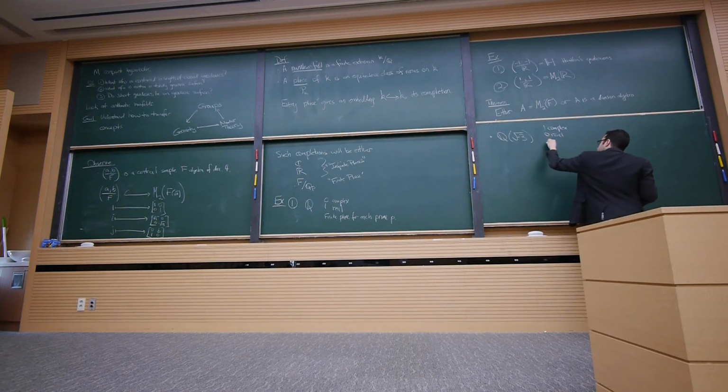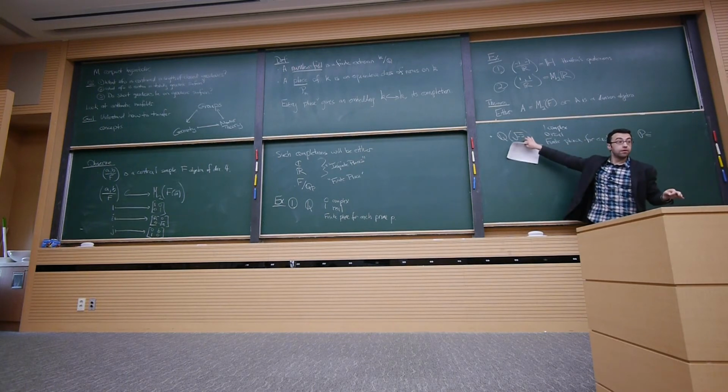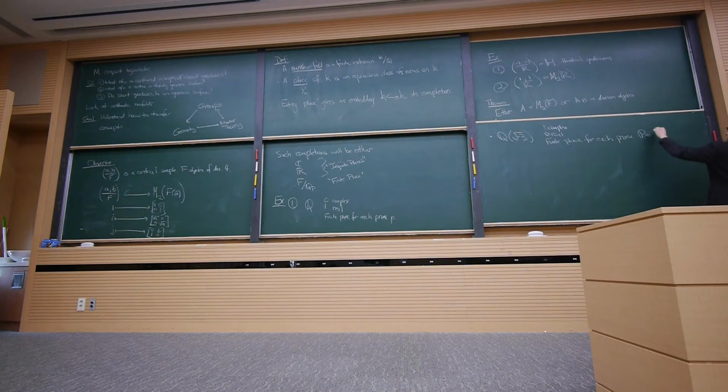And there's a finite place for each prime p inside of the ring of integers of this guy, which is the very famous Eisenstein integers. This is the omega from before. Okay. Good?